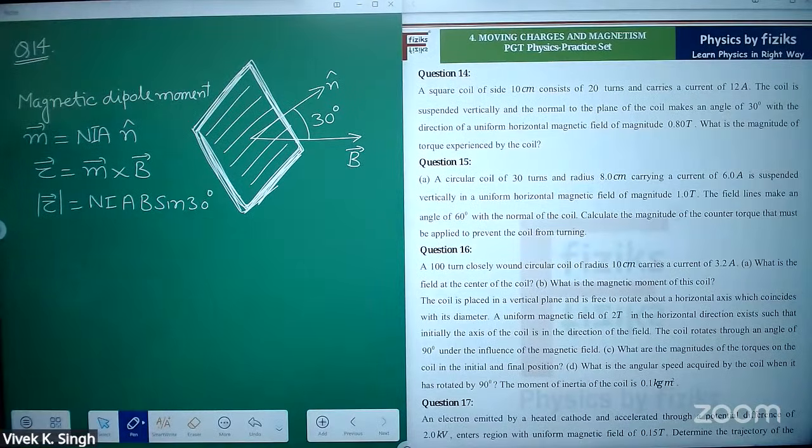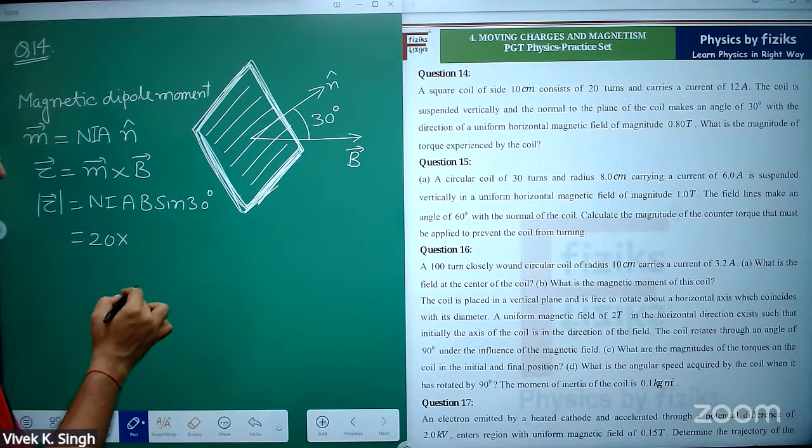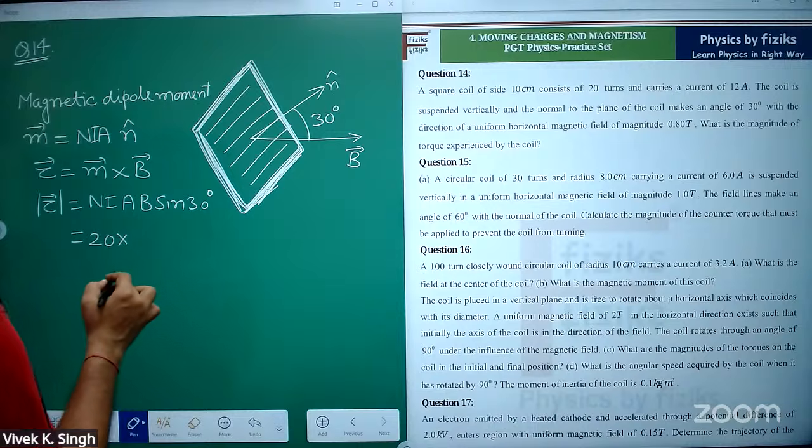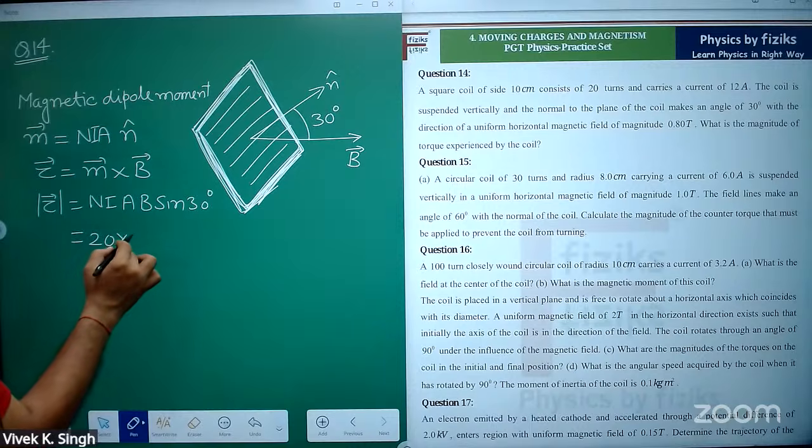So let's calculate this value. Number of turns is 20. Current is 12 ampere.